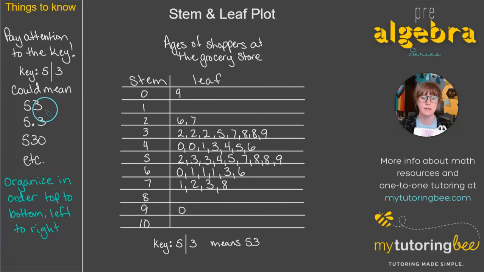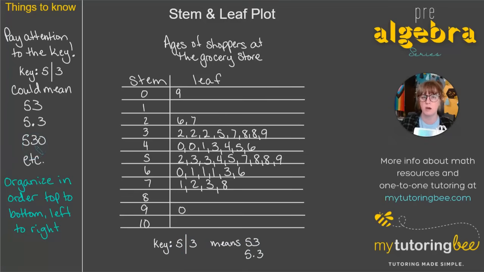However, that's not to say that every single stem and leaf plot always means tens and ones places. So you really do have to look at that part where it says what that means, because it could mean 5.3. If this part means 5.3, then that 5 would be in the ones place and the 3 would be in the tenths place, right? It could mean 530.